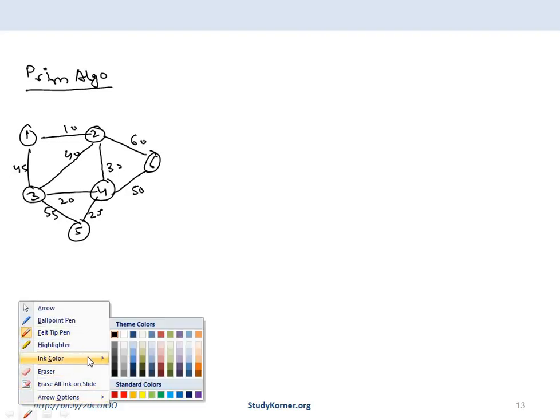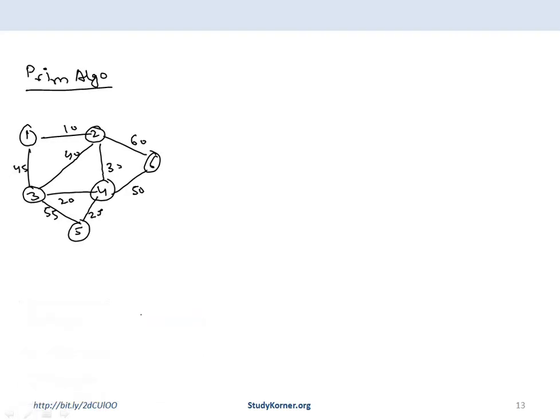Now we need to find the minimum cost spanning tree of this graph. In this case we have to select the vertex we want to traverse. I can select any vertex, since Prim's algorithm is based on a vertex. So the first step would be to select any vertex in the graph and find its adjacent vertices.